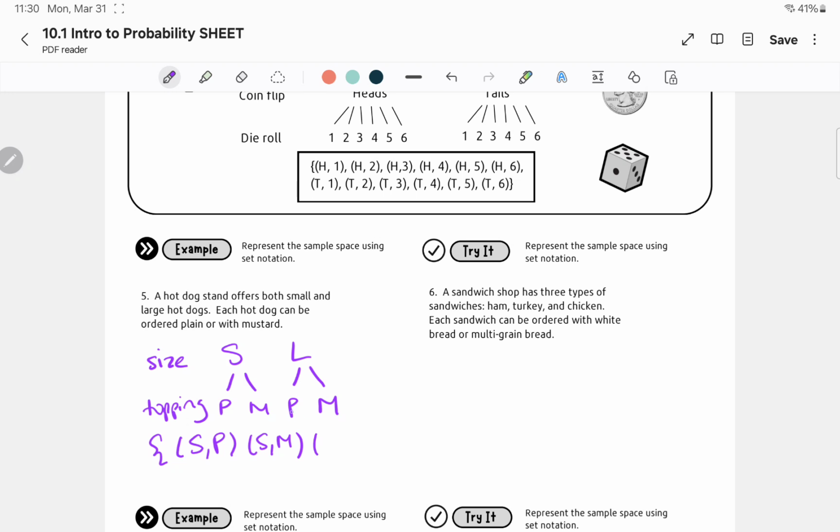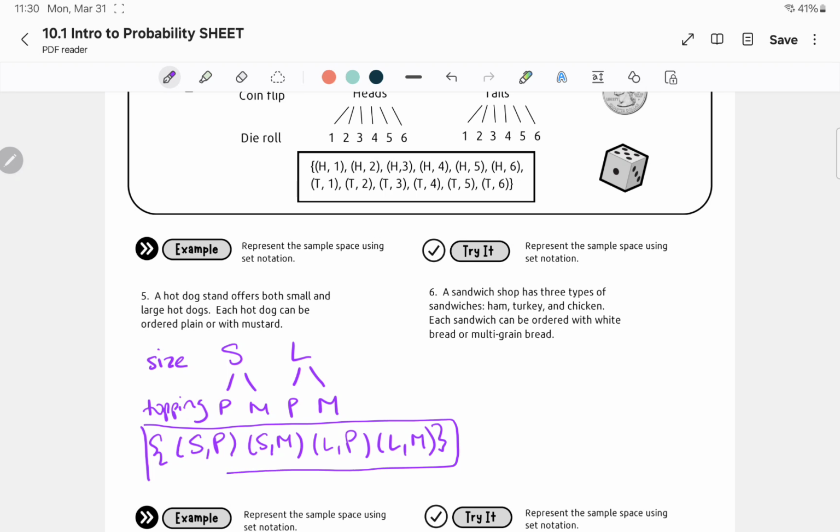Our third leaf is a large plain, following it down: the large size with plain topping. And our fourth hot dog is the large hot dog with mustard. See how I'm hovering over it? For each leaf, go down the branch to the leaf, and then just write it. Hopefully you can see my cursor hovering over what I'm talking about.